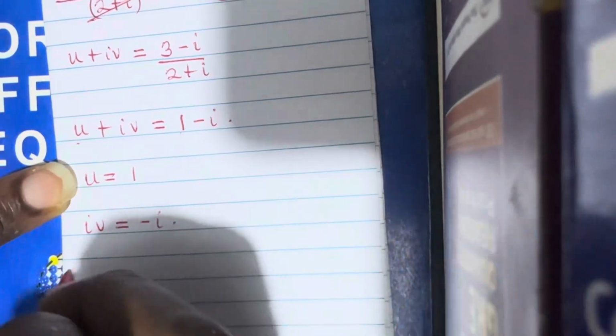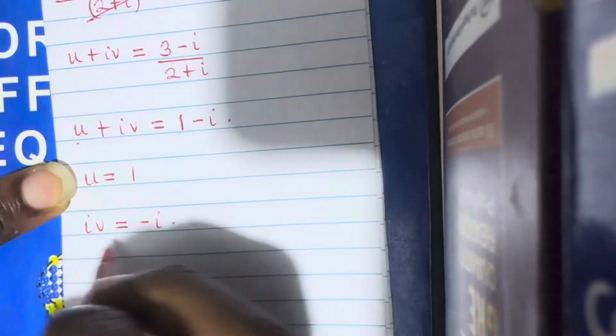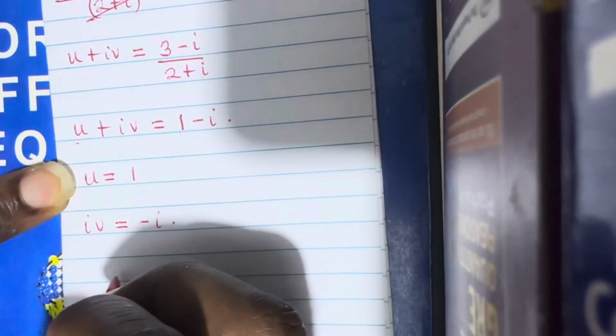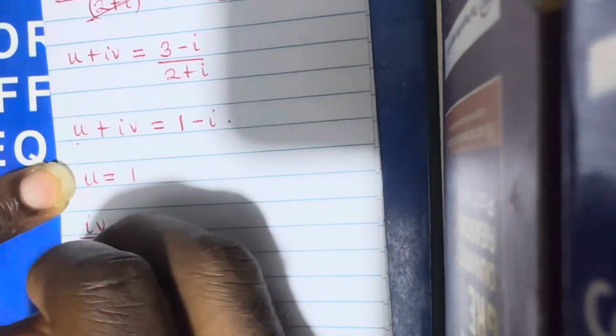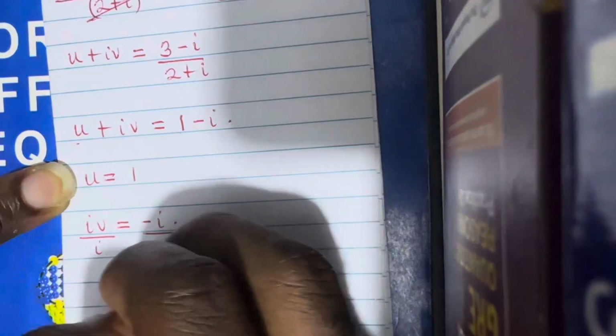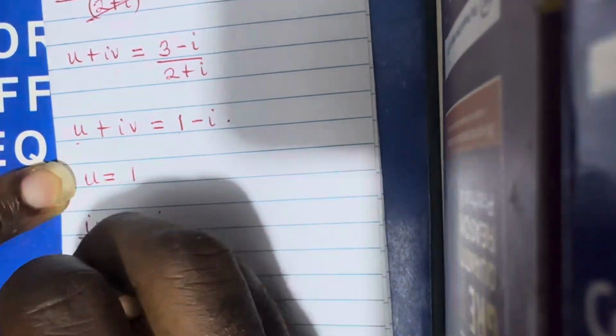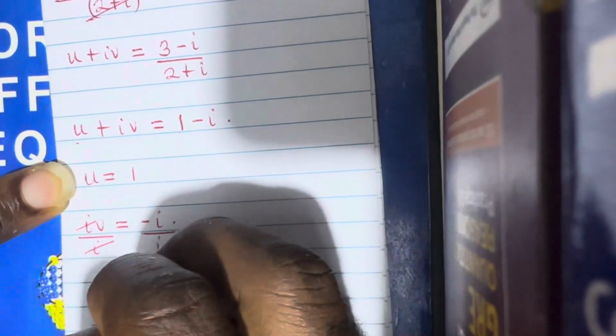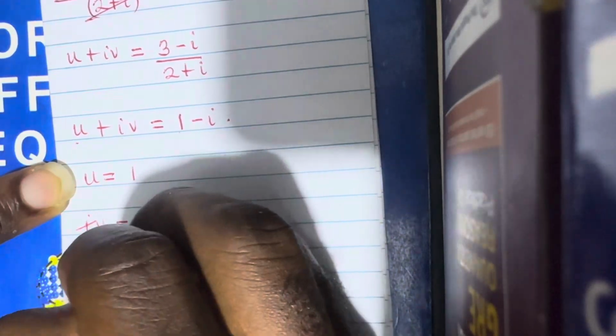Because I want to find the value of v, I can find it by simply dividing both sides by i. So let's go ahead and divide both sides by i. This side over i, the other side also over i. i cancels i, since i into itself is 1. i into -i is -1.